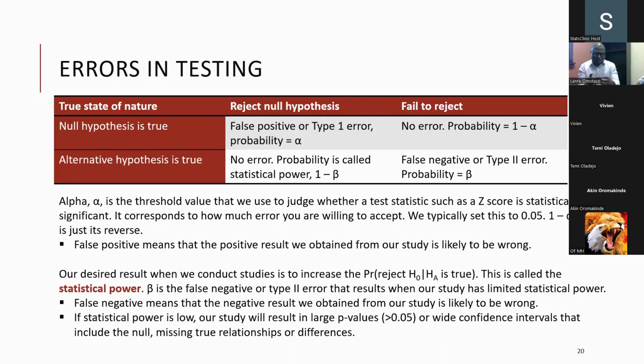But after you collect your sample, you process your statistic, and you compute your p-value, your p-value is higher than your alpha. You cannot reject your null hypothesis. When in fact in the actual population, you should have rejected, there is a real finding to be made. That's a type 2 error.